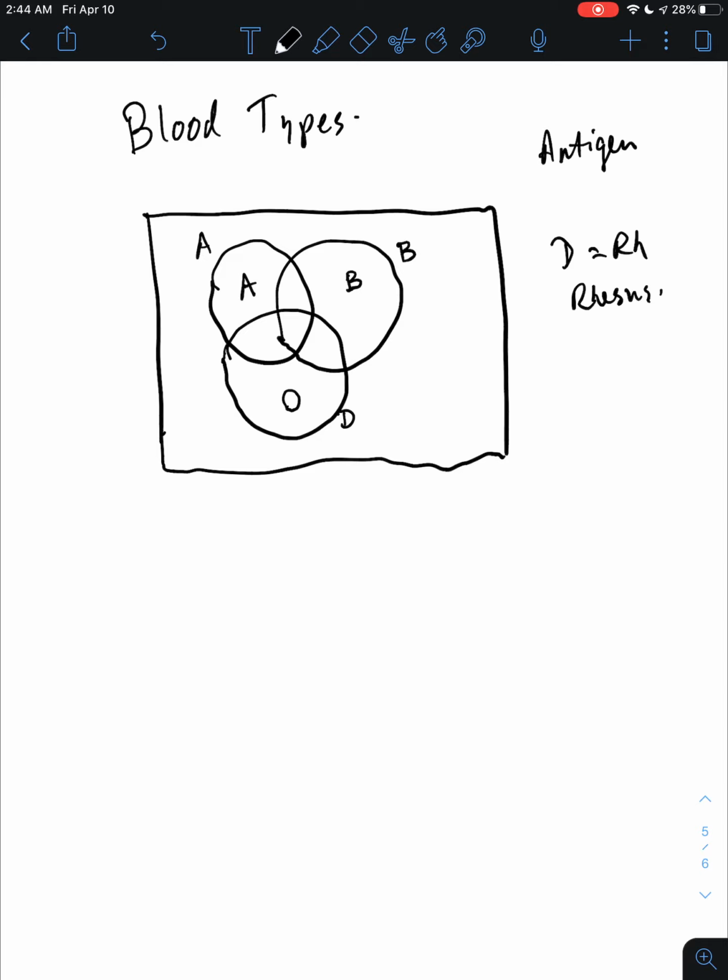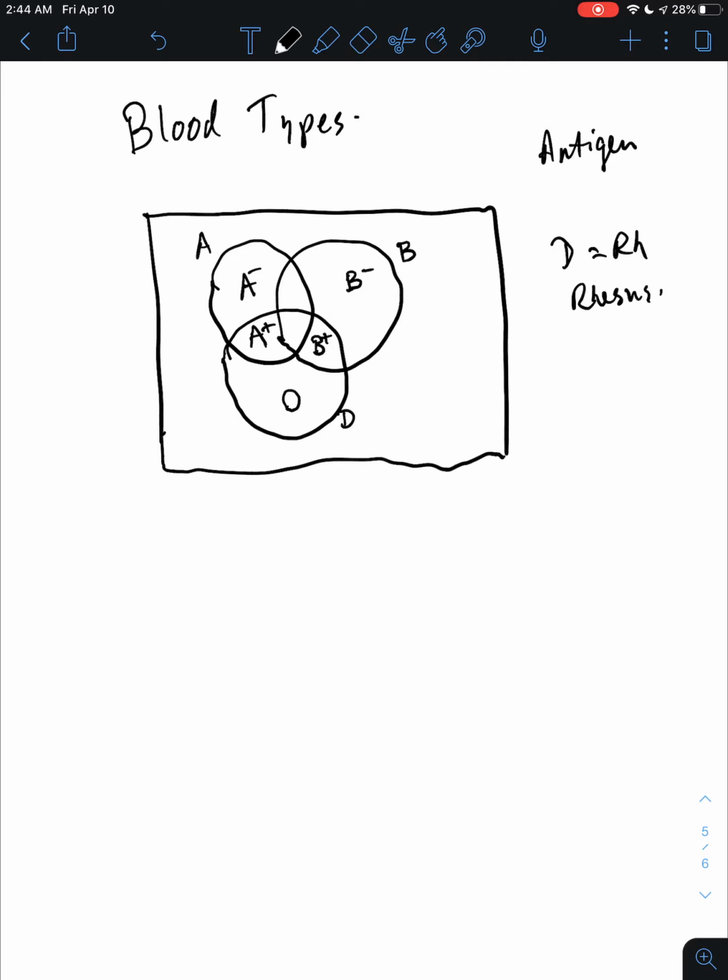There's two A's actually. There's this A and this A here. And those who have the D factor get a plus, and those who don't have the D factor get a minus. The same for the B's. Those with the D factor get a plus, and those without the D factor get a minus.